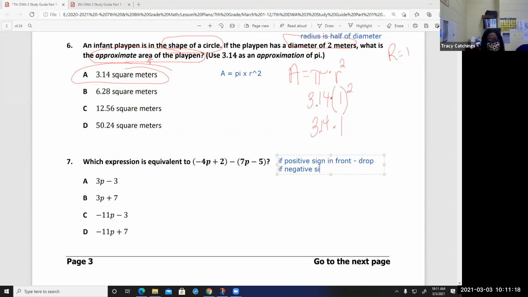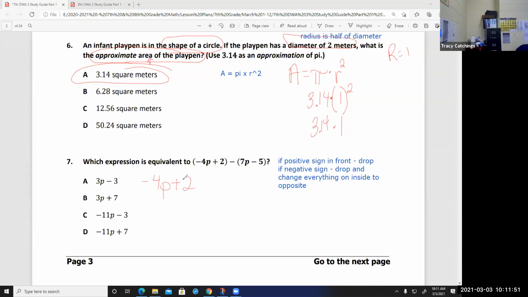If there's a negative sign, I can drop it and change everything on the inside to the opposite. Before I combine like terms, when I have a whole lot of parentheses, I always ask myself, I first need to get rid of the parentheses. Looking at the first parentheses, is there anything in front of it? Nope, it's positive, so I'm going to just drop it as we said.